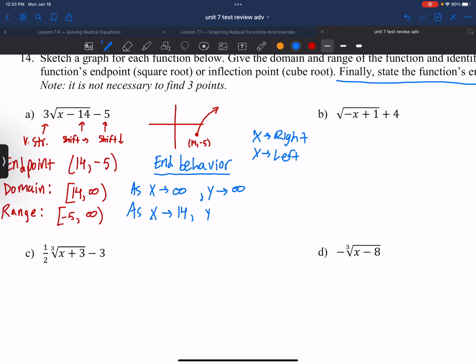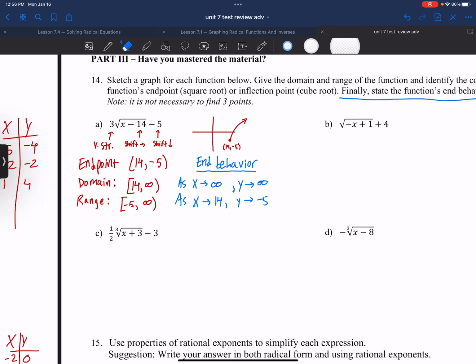So think about reading the graph from the right, going left. As I go left, it's going down, down, down to -5. So I say, as x approaches 14, y approaches -5. And that's pretty much all we write for end behavior.